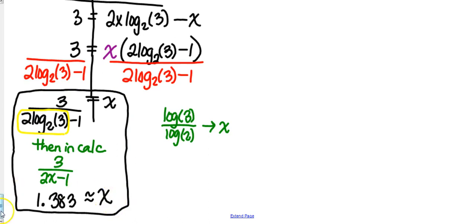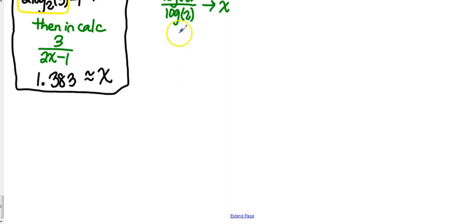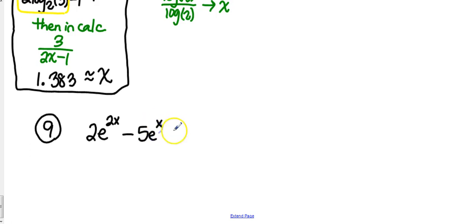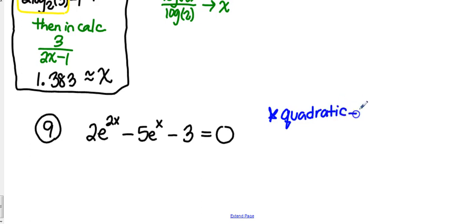Last example for today is number 9. Number 9 says 2e to the 2x minus 5e to the x minus 3 equals 0. This is quadratic-like, in the sense that I have 3 terms.